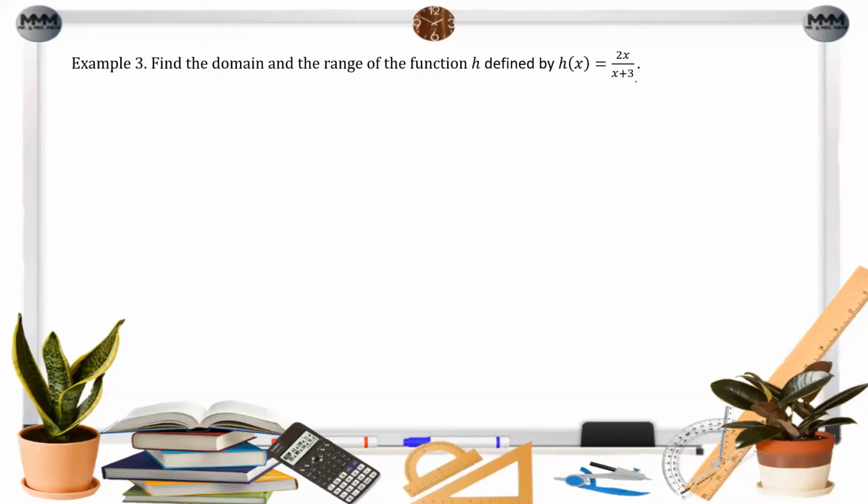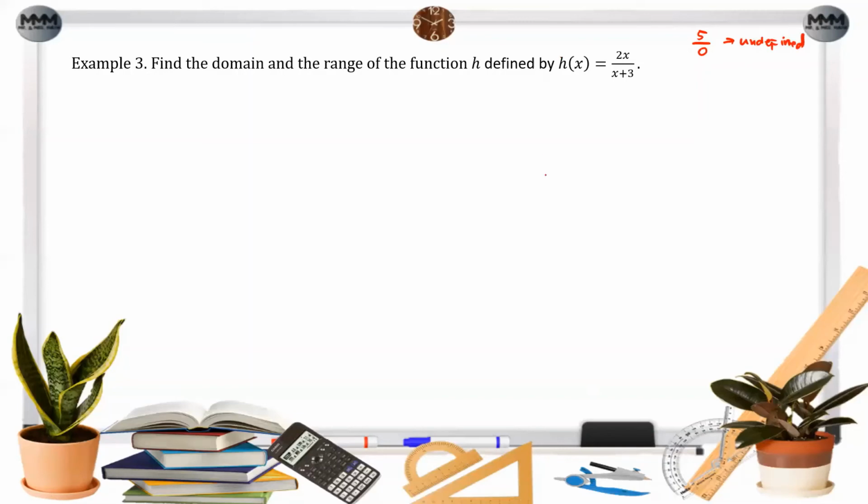Take note that if the denominator is 0, that will make the fraction undefined, right? If we have, say for example, 5 over 0, of course, if you solve that using your calculator, it is an error. So this is undefined if the denominator is 0.